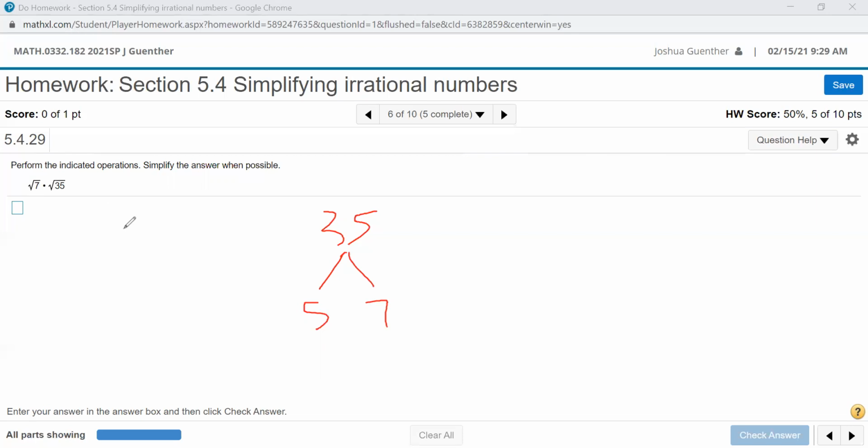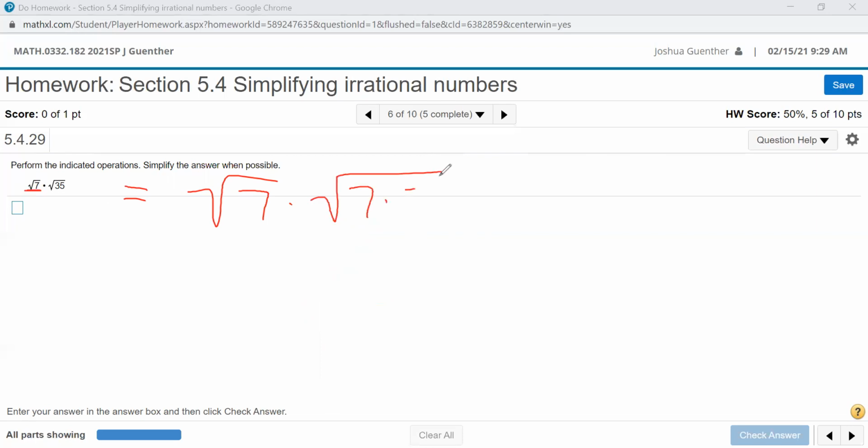There's nothing to break down in that way, but what we can do is rewrite this square root of 7. That was this square root of 7 that was already there. Now let's write square root of 35 as the square root of 7 times 5, which is exactly what it is. Let's break this up into 2 separate square roots, like that.